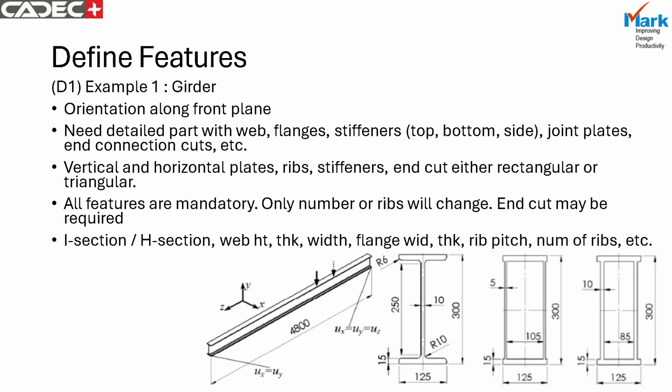This is an example of defining features of a girder. It can be of different shapes, that is either I section or box section. Then it will have plates, ribs, stiffeners, end cuts, etc.